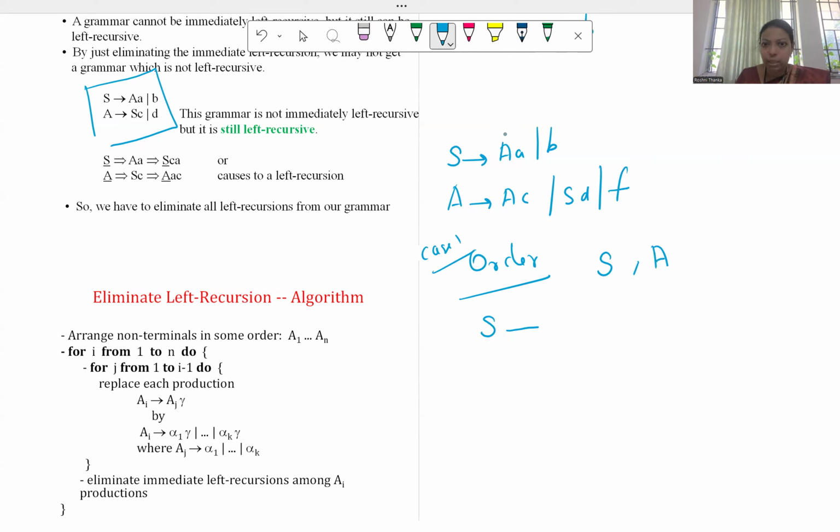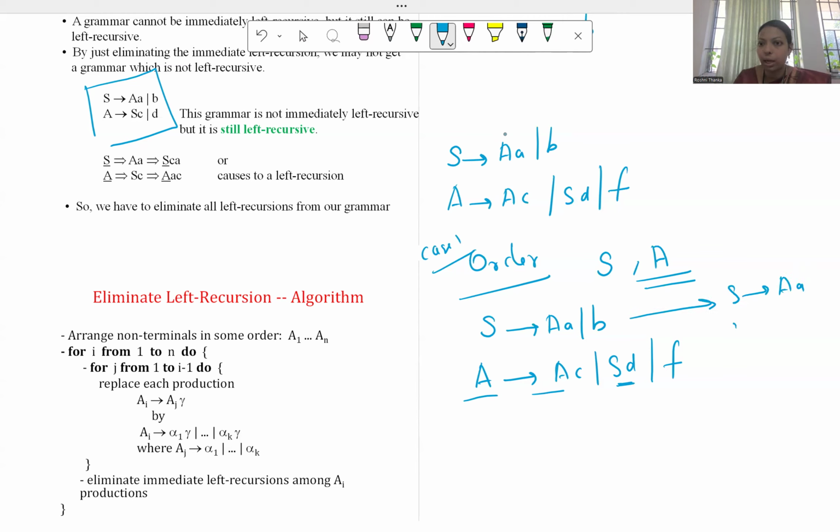So write S. S productions are A and B. If you directly look, there is no left recursion. Let it be, and let us go for A. So A tends to AC, SD, F. Now you know what S is. You can see there is actually a left recursion here. But now we can do the substitution for S, because S can be A or S can be B. So we apply these two.